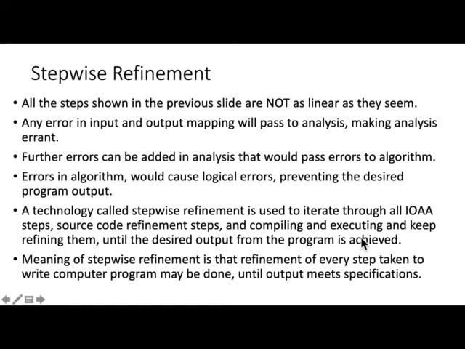So we cannot assume our steps are perfect. We need to refine between steps. That's called stepwise refinement. The meaning of stepwise refinement is that refinement of every step taken to write a computer program may be done until the output meets specification.